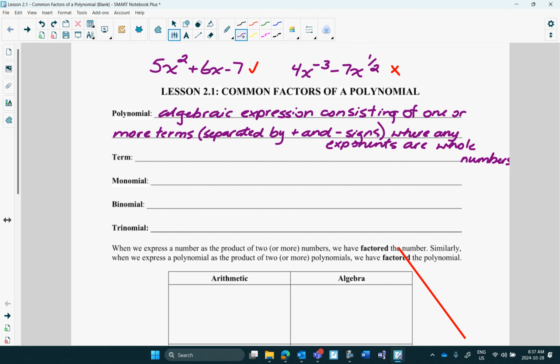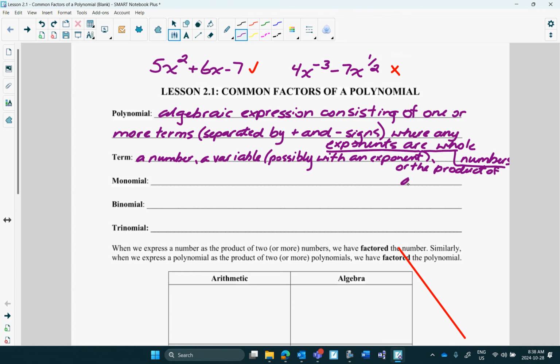So what exactly is a term? Well, it's a number, a variable, possibly with an exponent, or the product of a number and variable.